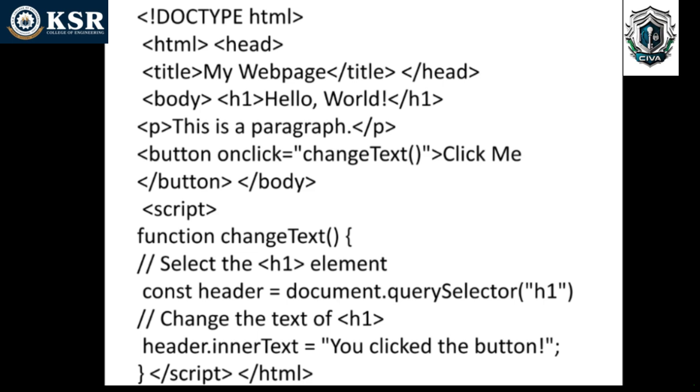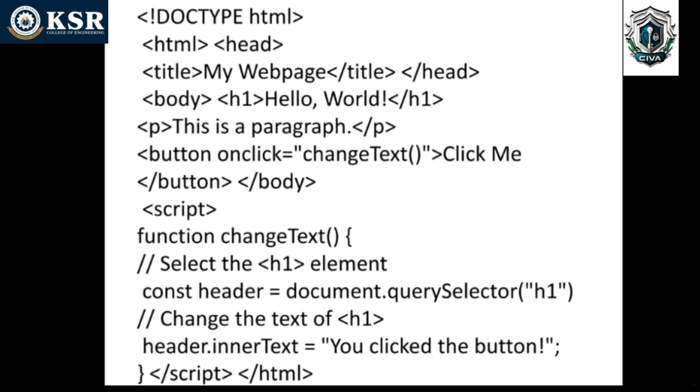Basically, a function is a block of code designed to perform a specific task, which is executed when something invokes it. Here document.querySelector, a method, searches the entire document for the first element that matches the CSS selector called h1. It finds the h1 element. A reference to this element is stored in a variable called header.